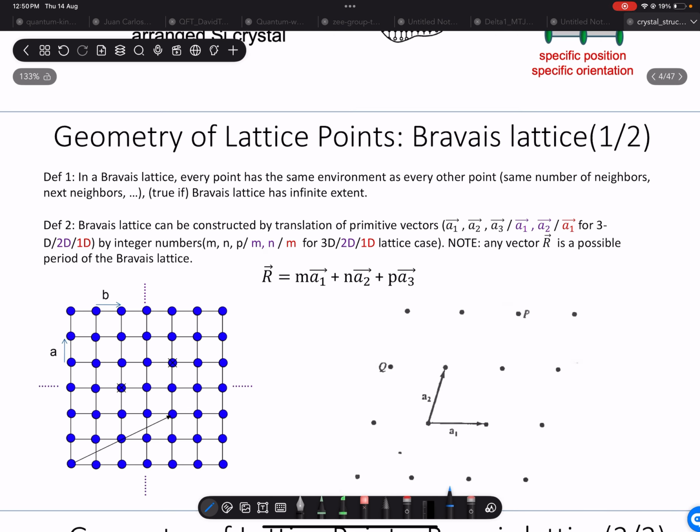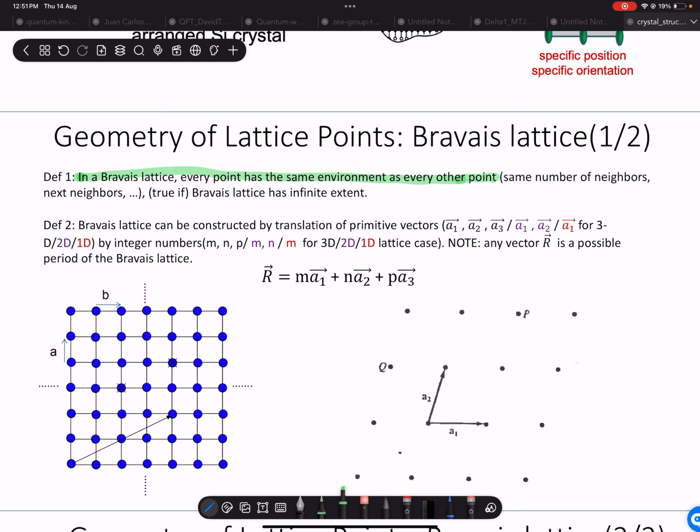These lattices are often called Bravais lattices. This was defined by the crystallographer Bravais, and the names lattice and Bravais lattice are used synonymously. If I use lattice, think that I'm talking about a Bravais lattice, right? In a Bravais lattice, every point has the same environment as each other point.